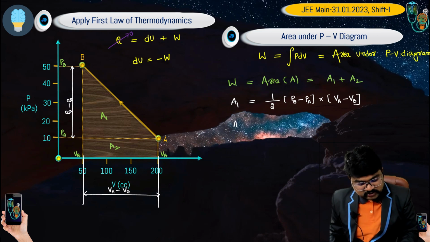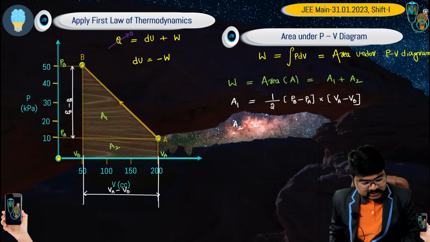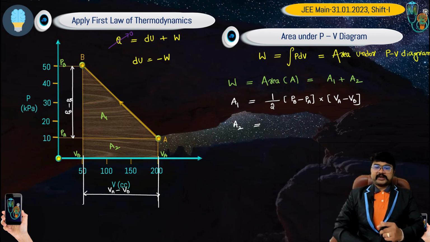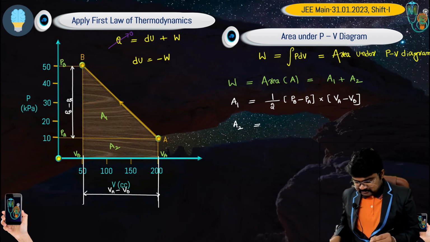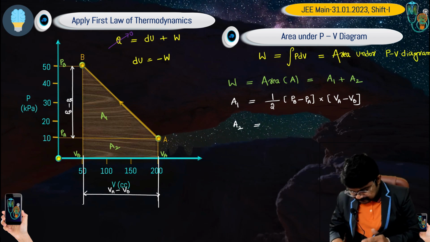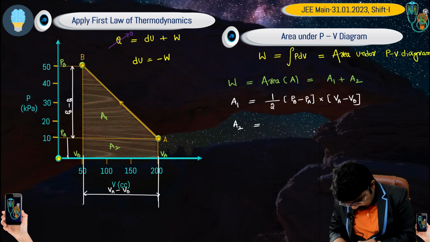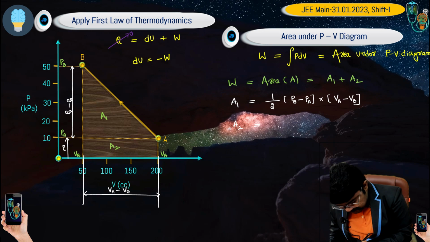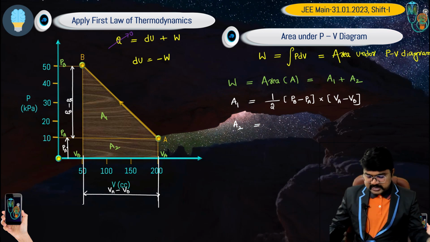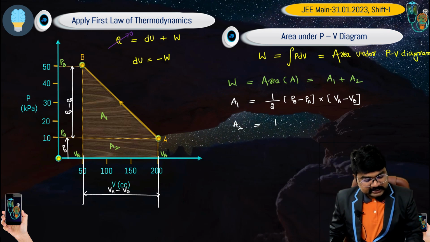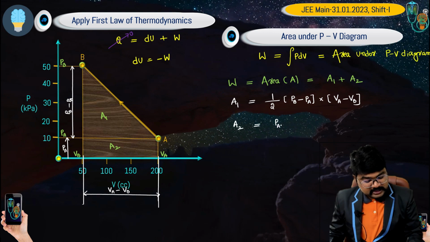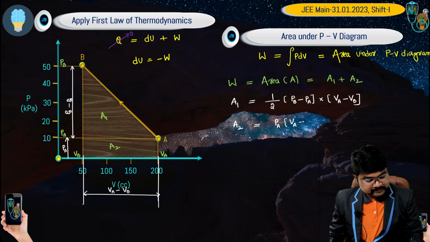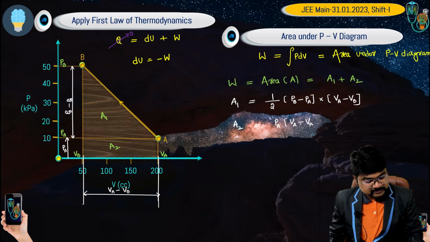What is A2 here? It is the area of the rectangle. From here to here, I can say PA. So the area of the rectangle is PA into VA minus VB.